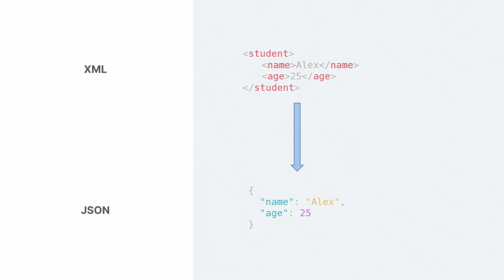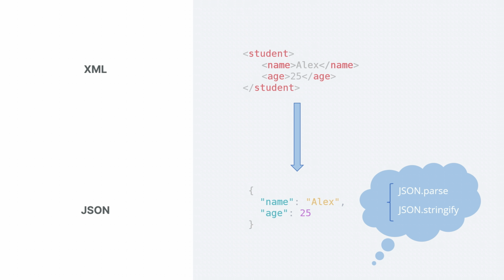Additionally, there's a built-in JSON object in JavaScript that provides two particularly useful methods. JSON.parse converts a JSON formatted string into the corresponding JavaScript value, which could be an object, array, number, etc. JSON.stringify converts a JavaScript value, such as an object or array, into a JSON formatted string.